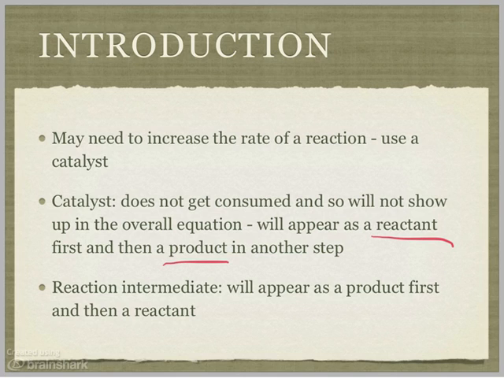But it has to happen in that order, where it'll happen as a reactant in one step and then the product of another step. Whereas if you had a reaction intermediate, it will appear as a product first and then a reactant within another step. So that's the difference between the two of them.